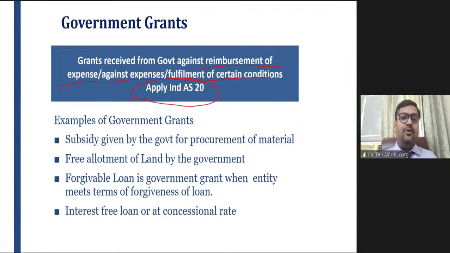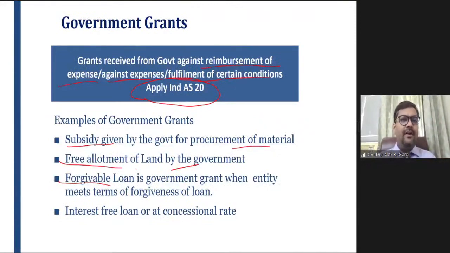So examples could be subsidy given by the government for procurement of material, free allotment of land by the government, forgivable loan. So this is a new concept in this Ind AS. Okay, so this concept was not there in AS 12. What is meant by forgivable loan? So the government has provided a loan to the entity, and the government has told the entity, if you comply with certain conditions, then after 5 years, I will forgive this loan.